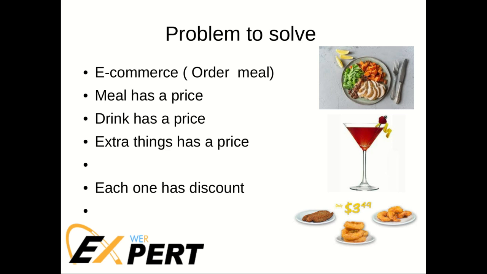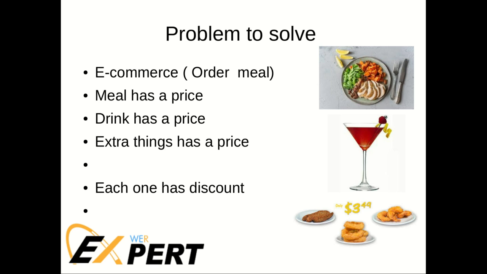If we treat the meal as a composite object implemented from, let's say, an order composite class, the meal will implement the order and it will have a price.